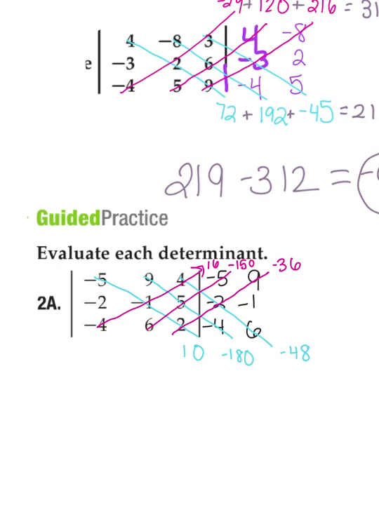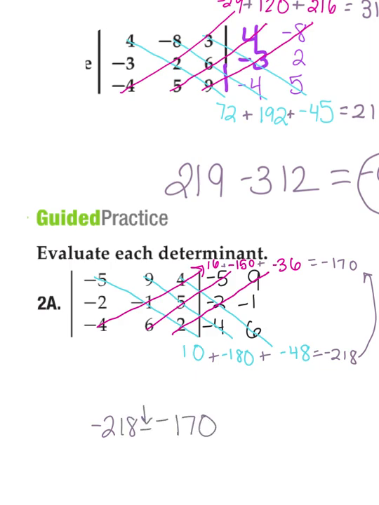So now we just add them. And you are going to get negative 170 here and negative 218 here. And then for your last step, bottom minus top, negative 218 minus negative 170.